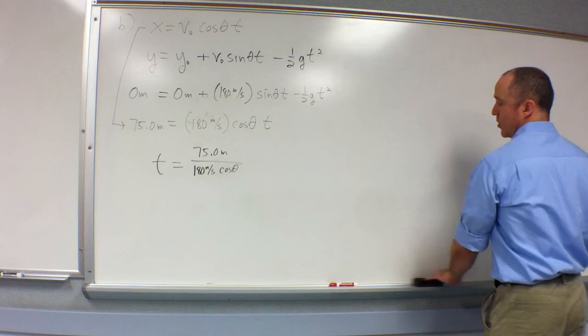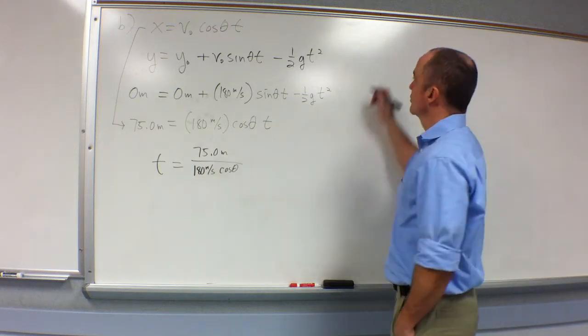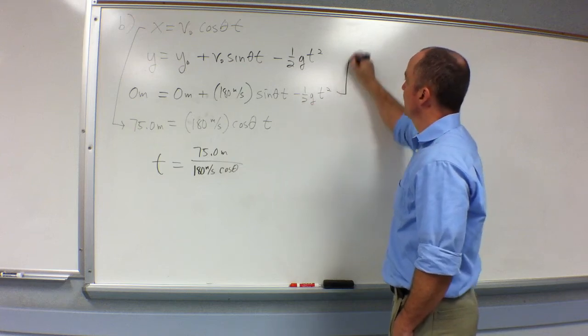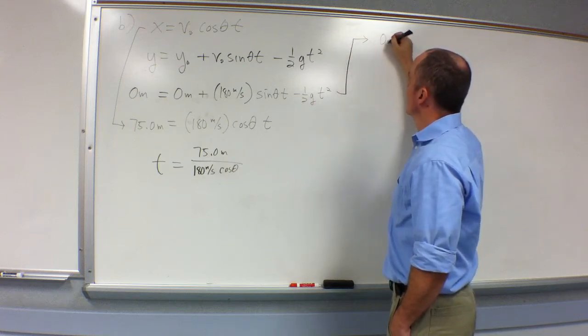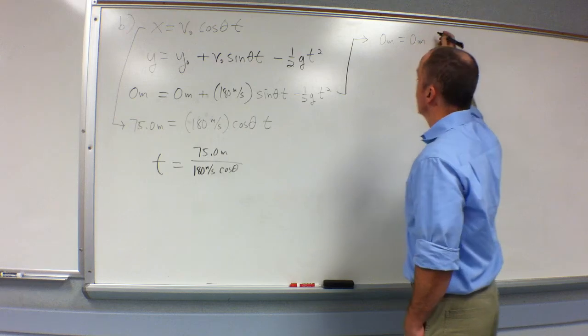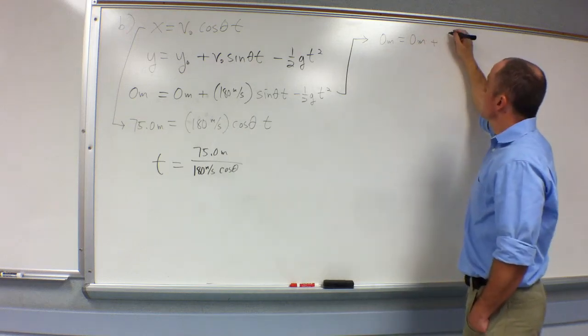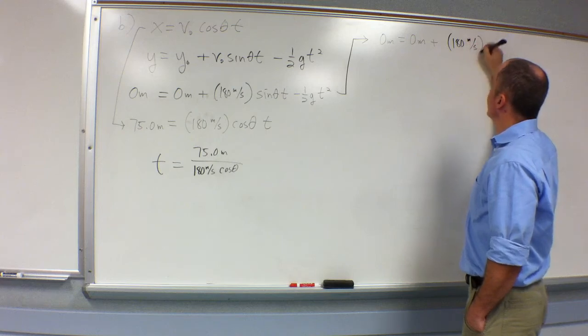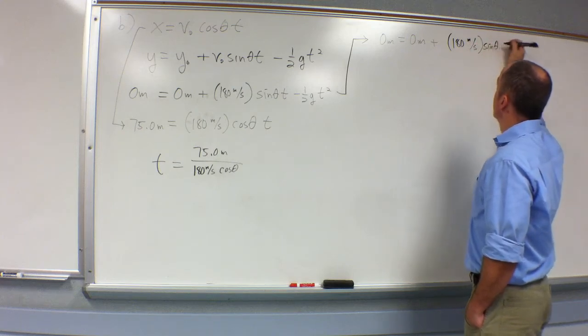Now I can put that into the vertical part of my general launch equations. Going back to this equation here, I'm looking at 0 meters equals 0 meters plus 180 meters per second sine theta.